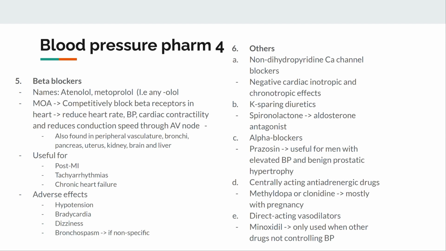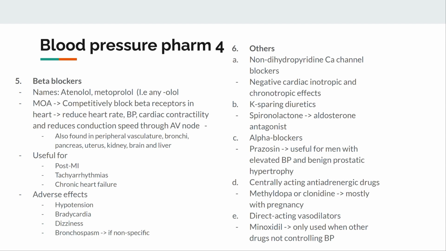Next, you've got your beta blockers. As I mentioned, these aren't first line, but they are important in heart failure. And then you've got atenolol or metoprolol, and anything with olol is a beta blocker. These competitively block beta receptors in the heart. They reduce heart rate, blood pressure, cardiac contractility, and reduce conduction speed through the atrioventricular node. To note, you also have beta receptors in your peripheral vasculature, your bronchi, your pancreas, uterus, kidney, brain, and liver.